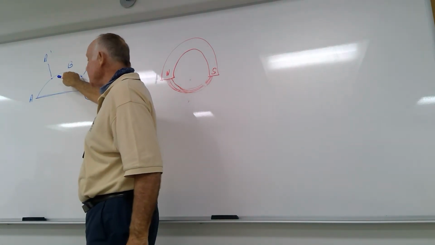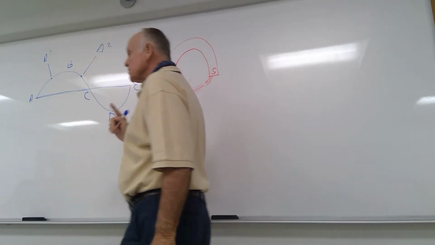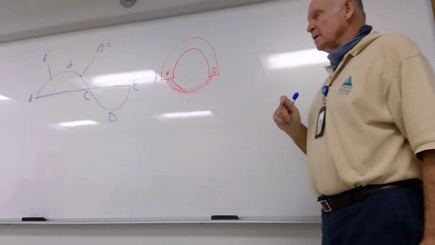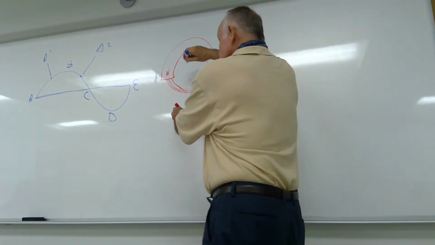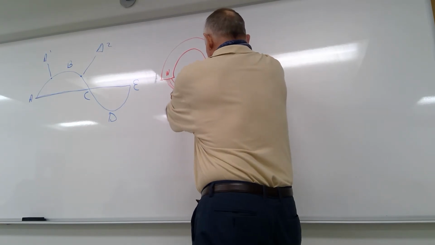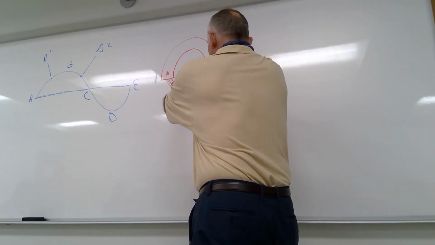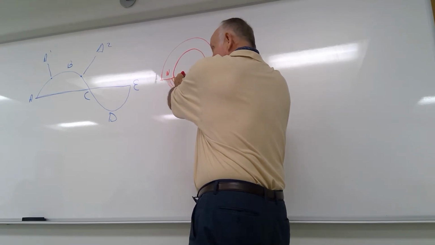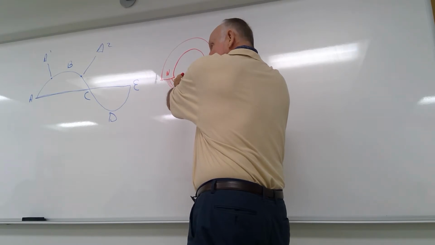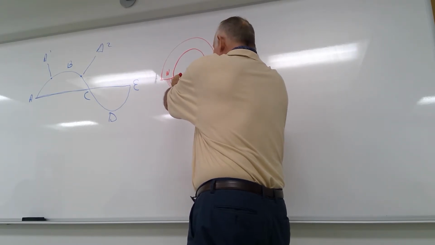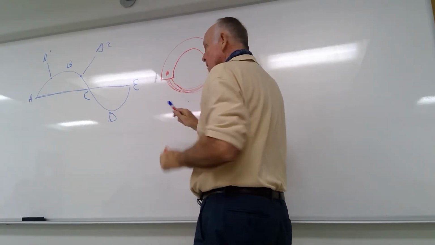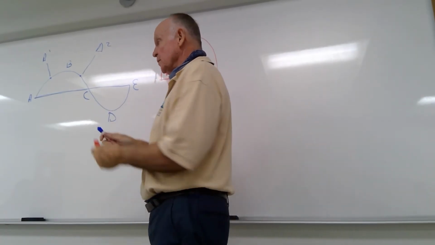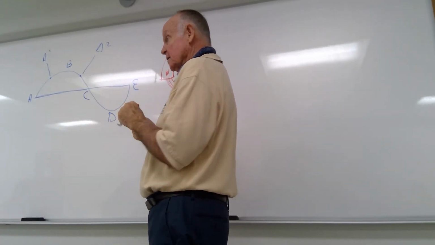And when you get to the peak, those wires are at 90 degrees. Watch. And when they go 180, where are we now on our thing? What letter? C. Nothing's happening, right? And then we continue, and then we're down here. In other words, we reverse direction in the wire, that's all.